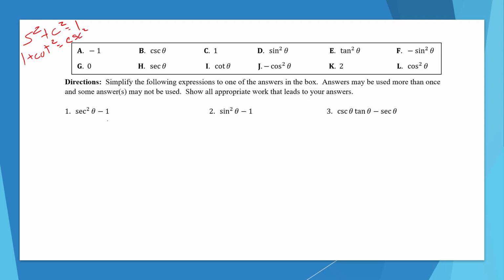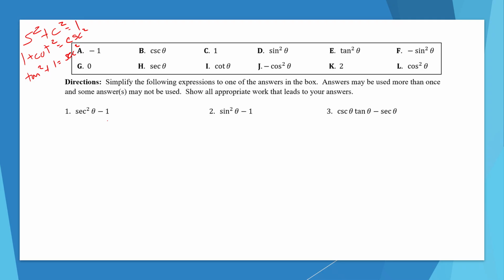And then you should have tangent squared plus 1 equals secant squared. For all 12, we're going to simplify the following expressions to one of the answers in the box. Answers may be used more than once, or some may not be used. Show work that leads to your answer.